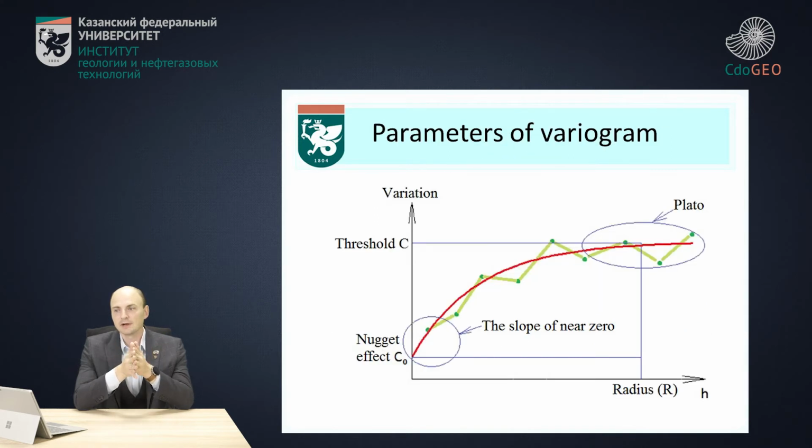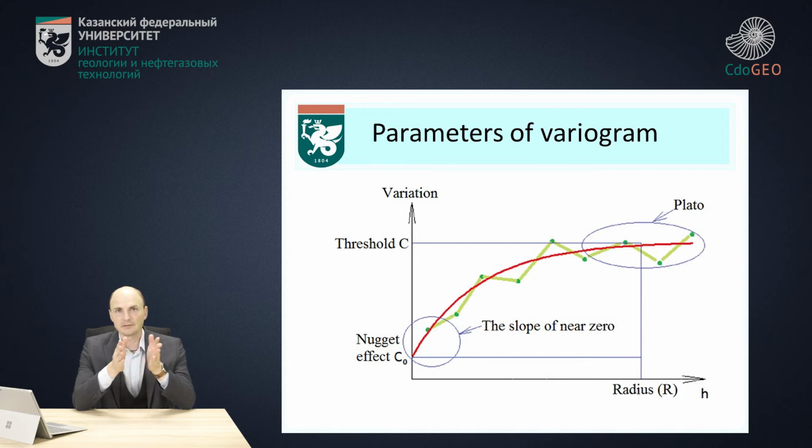Now we're going to talk about the parameters of our experimental and theoretical variograms. There are a few settings that the interpreter has to work with during geostatistics, during the work with variograms. And these settings that you have to find are the type of the variogram, the range of the variogram, and the nugget effect.